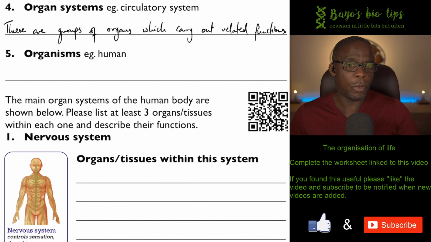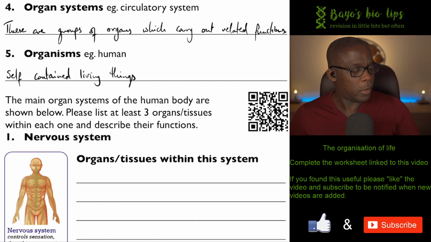Each subsequent level is made up of the structures in the previous level. So organisms are self-contained living things made up of cells.